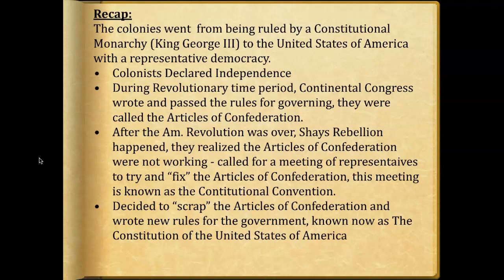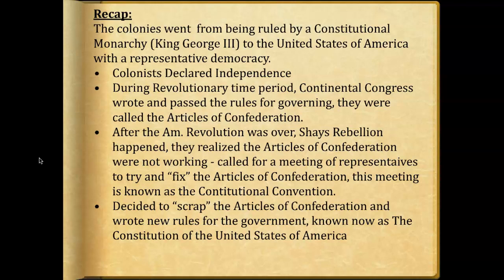So the founding fathers, the very first rules of government that was set up after they declared independence was called the Articles of Confederation. And so during the American Revolution, the states or colonies actually lived under these rules.